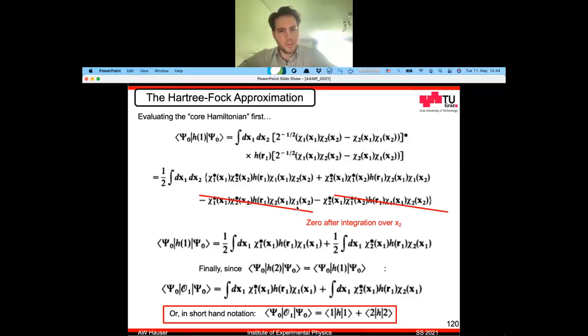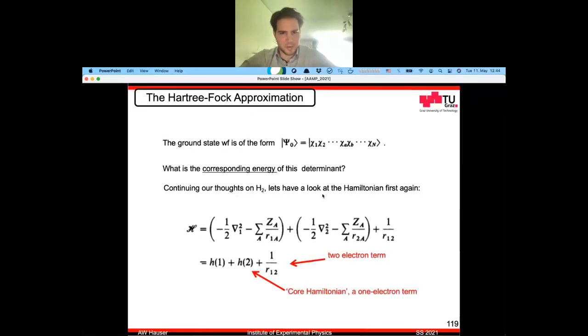And since we realize that the operators that we have looked at before, this operator here and this operator here, are identical except for the fact that one refers to electron 1 and the other one to electron 2, it's the same operator that appears for the different electrons.